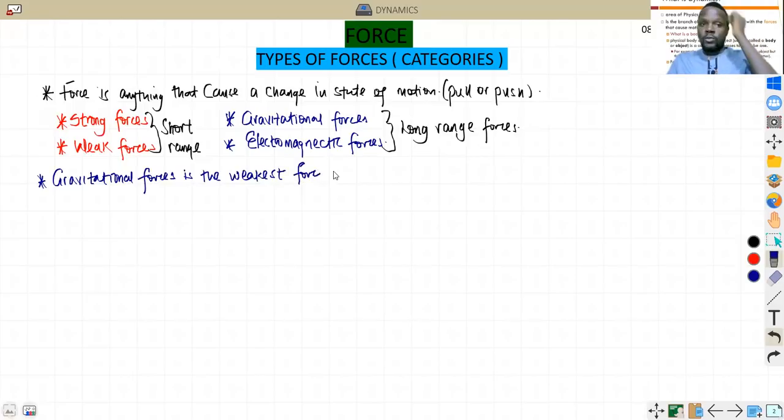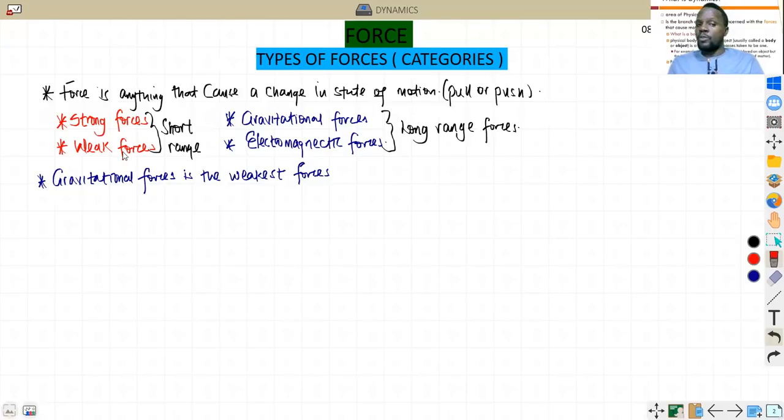So there's another good note you can keep down for exam's sake: the force of gravitation is the weakest force of attraction we have. About this, when I say 10 raised to power, well, we can go by their range. I think that is also important.